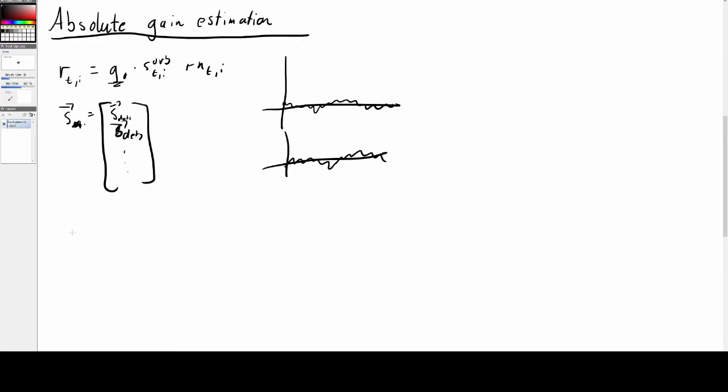And in the same way, we can say that our total covariance matrix, now we have to keep our heads straight, is given by blocks of these sub-covariance matrices that we looked at earlier.